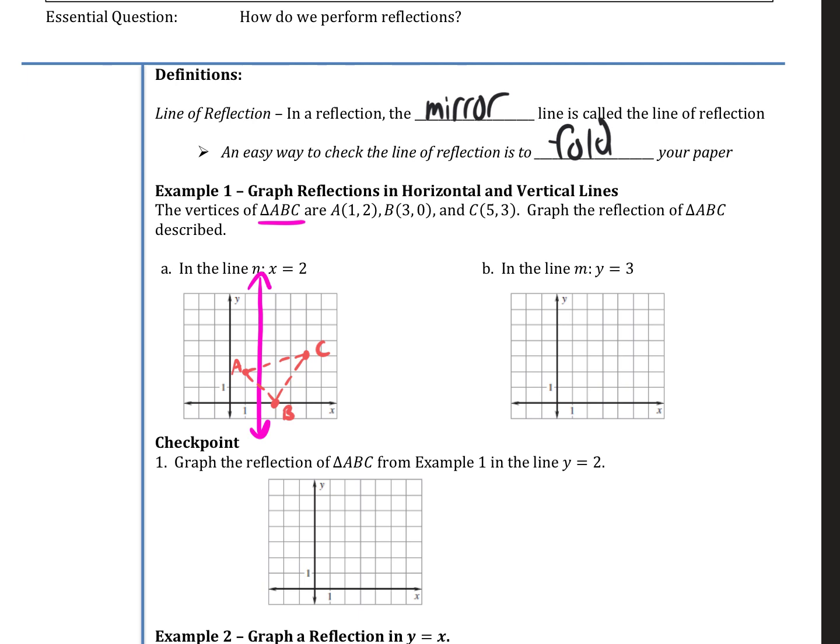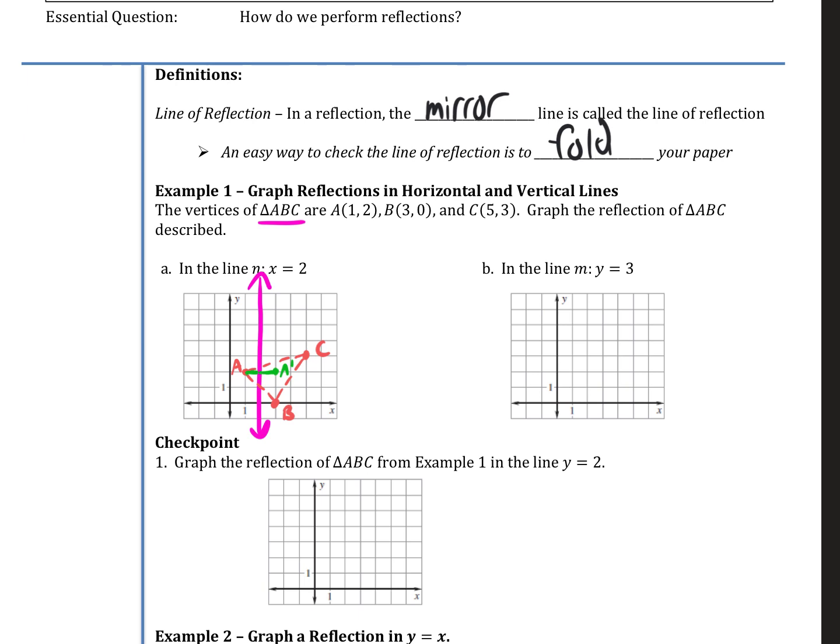But basically, if you go to (1, 2), which is where A is, and you go exactly across at a right angle from A, across the line, the same distance, which is 1 box, A prime is going to be right here, okay? So it's 1 box and 1 box, and it's at a right angle to the line, okay?